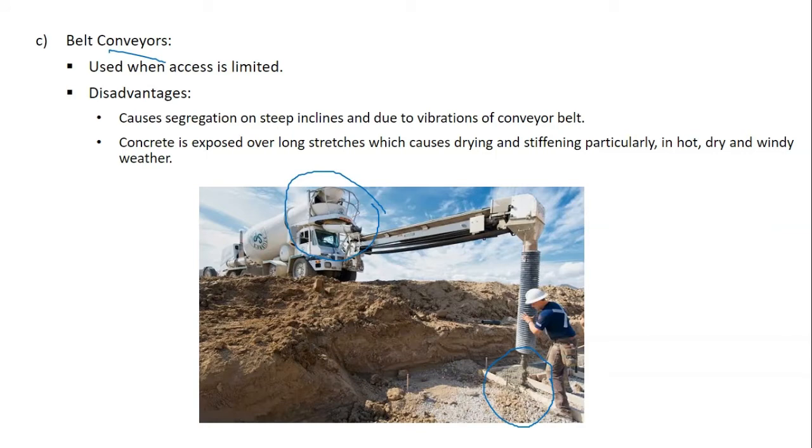So from this vehicle, you can transport this concrete to this particular place by using a mortar pan or wheelbarrow. But instead of that, from the vehicle to the place of placing this concrete, a conveyor belt is used here. So through this conveyor belt, the concrete is going to be transported from this to here.